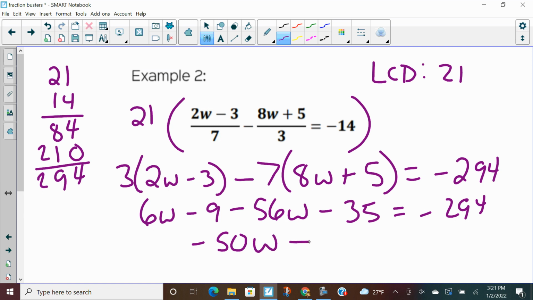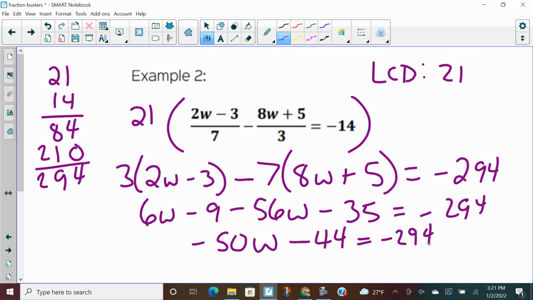Negative 9 and negative 35 is a negative 44. It's negative 294.